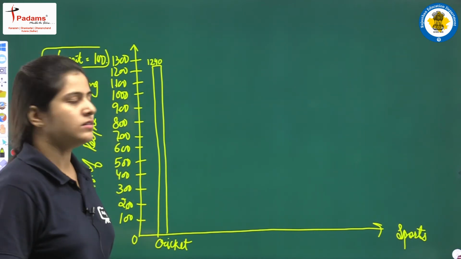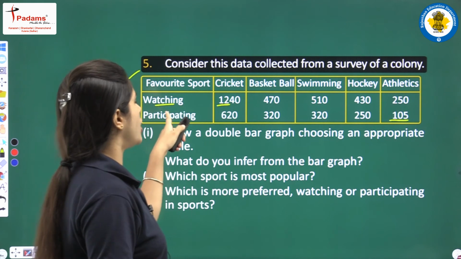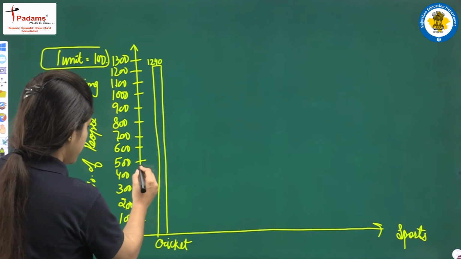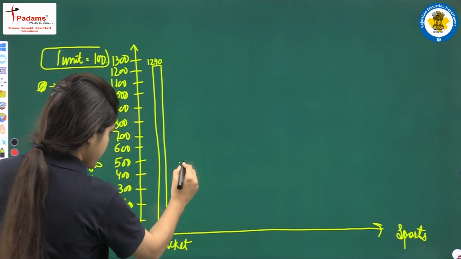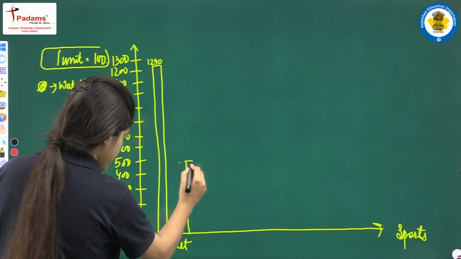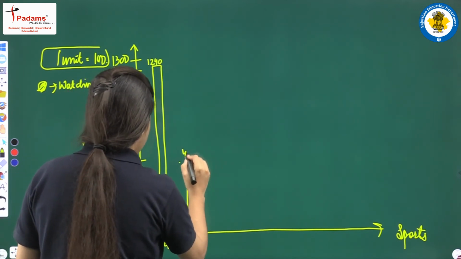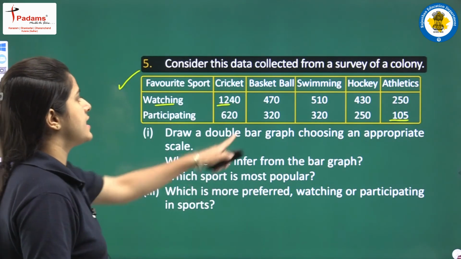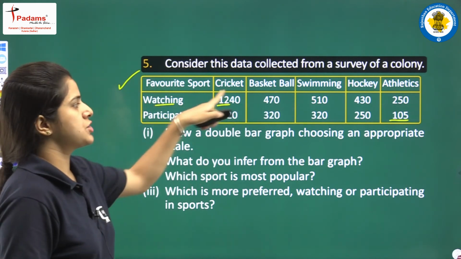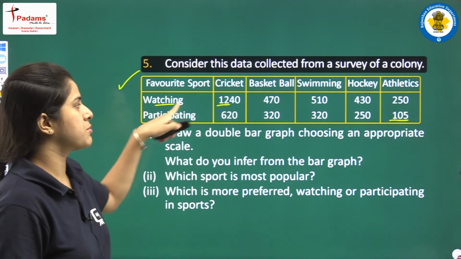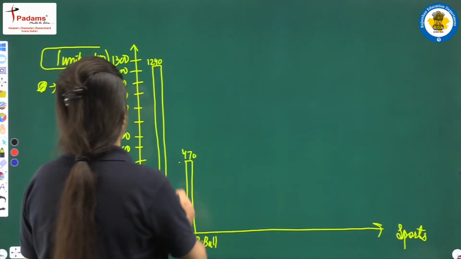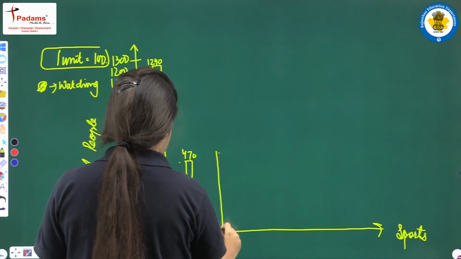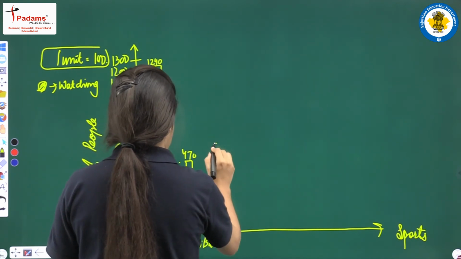Okay students, now basketball is watched by 470. Okay students, 470 is somewhere here. All right students, now swimming is watched by 510. So 510 is here.